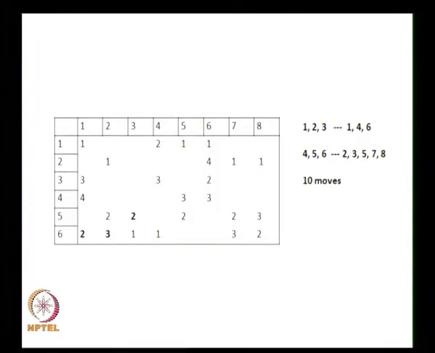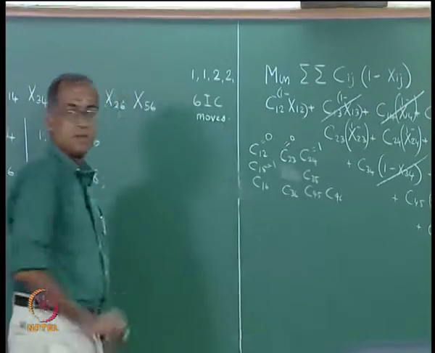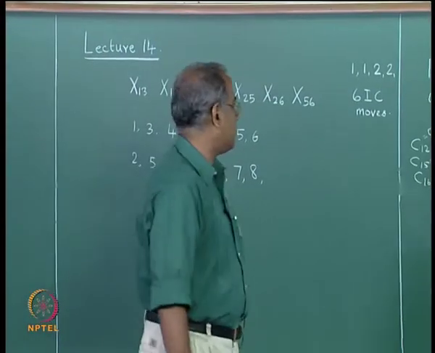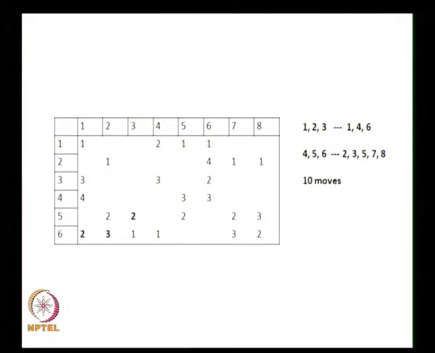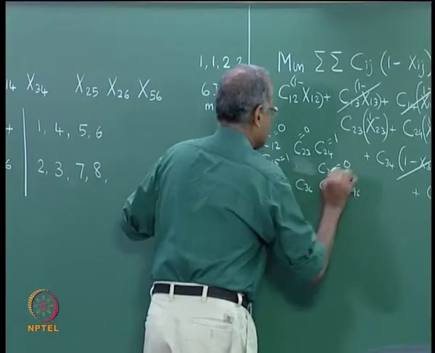C15: there is one common part between 1 and 5, which is part 5, and it visits 5 immediately after visiting 1. Therefore this contributes 1. We look at 3 5: there is no common part between 3 and 5, therefore this contributes 0.